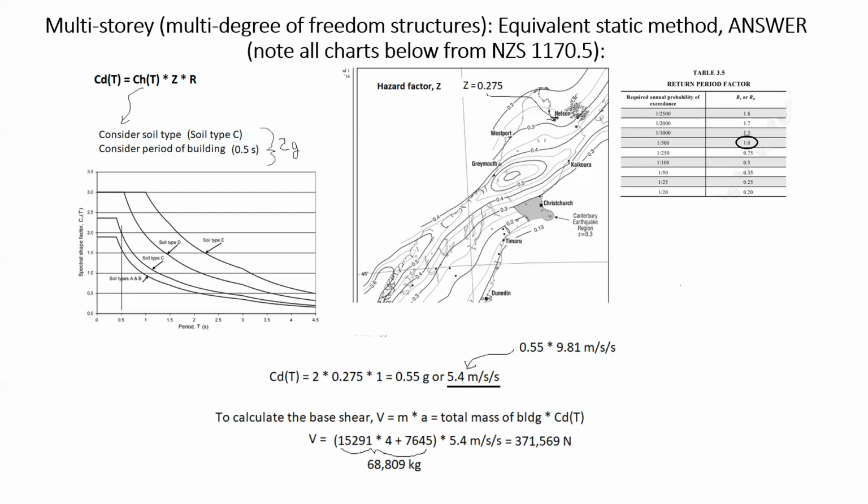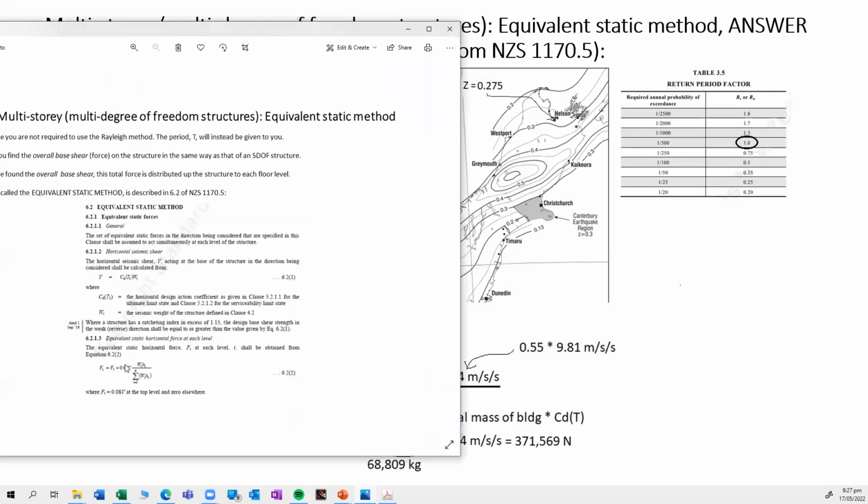Okay, cool. Now, the next thing to do is just go back to this equation. So that's your overall base shear. I want you to work out what your WiHi is for each level. In fact, you can just use mass times height for each level.